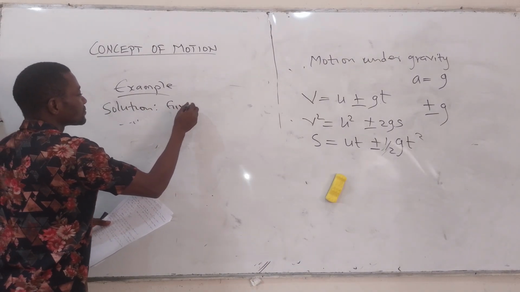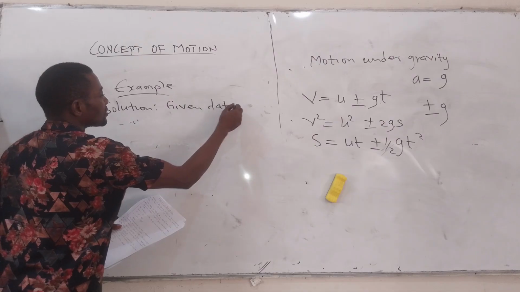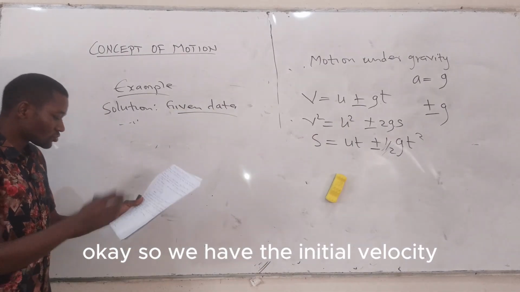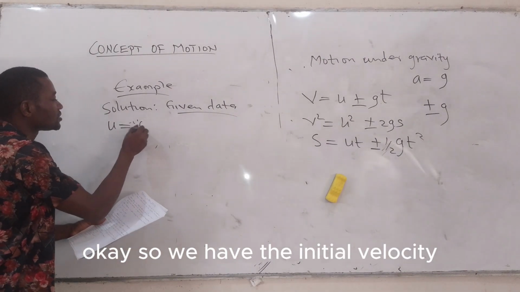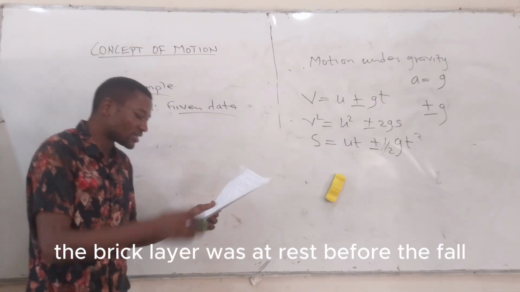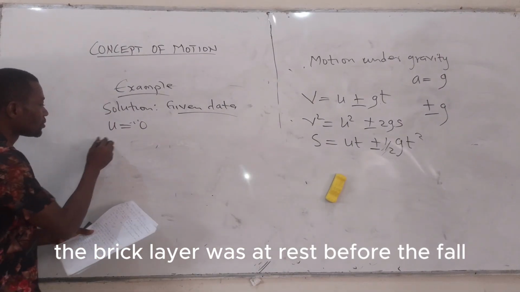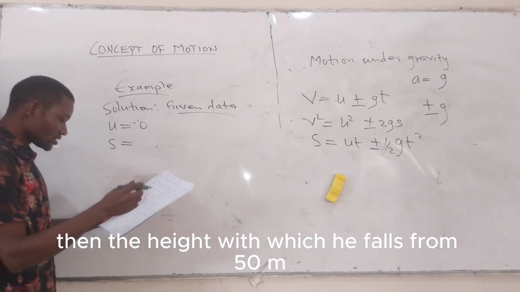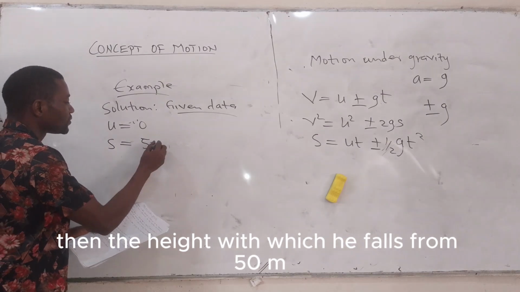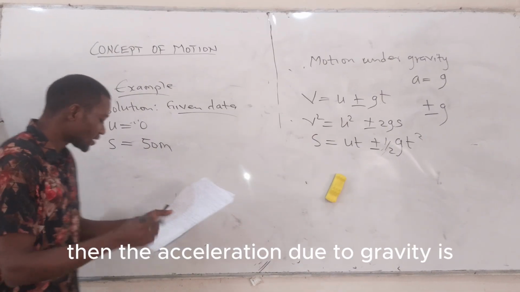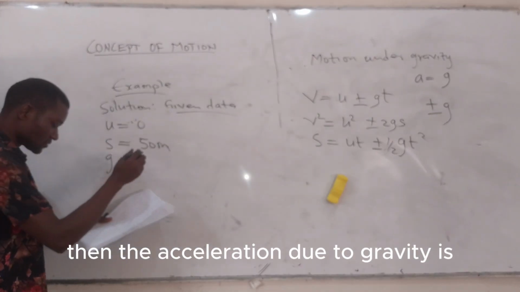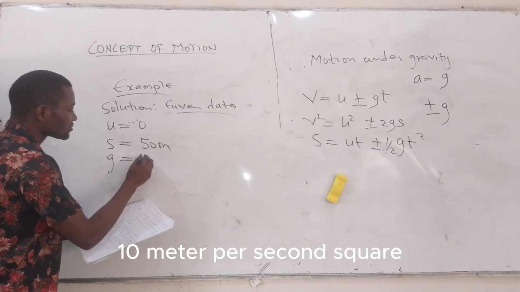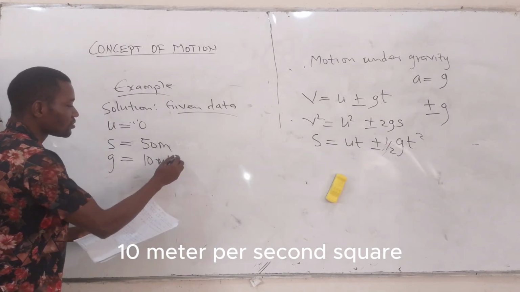Given data, you remember? Okay, so we have the initial velocity. The bricklayer was at rest before the fall. Then the height he falls from, 50 meters. Then the acceleration due to gravity is 10 meters per second squared.